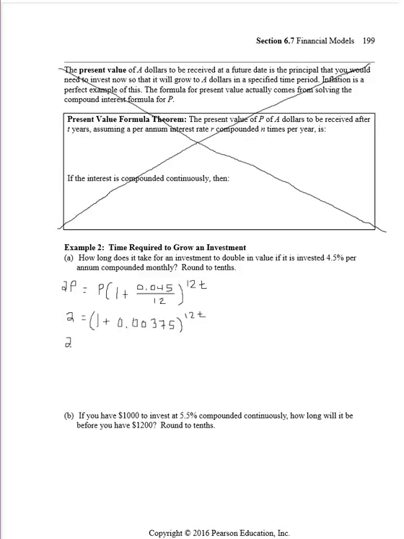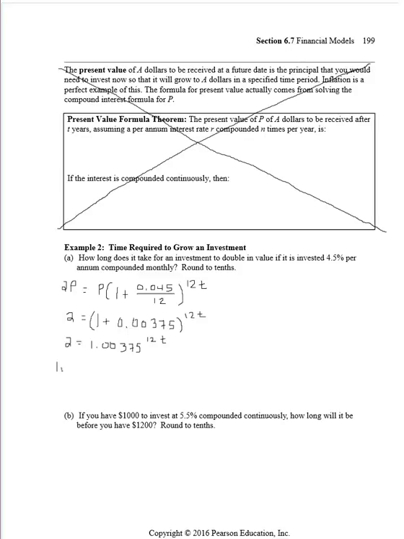So 2 equals 1.00375 to the 12t. Okay, now this is just like those equations we had in the last section.